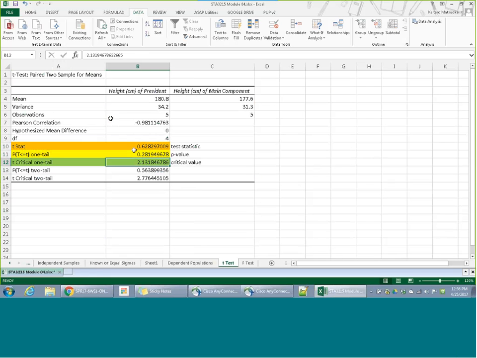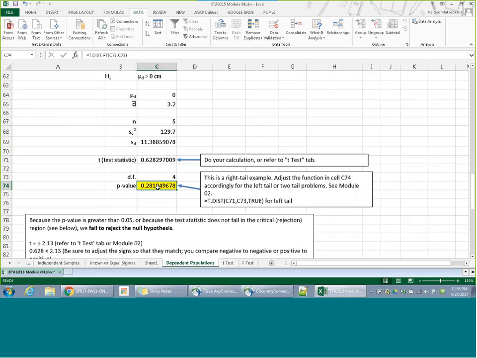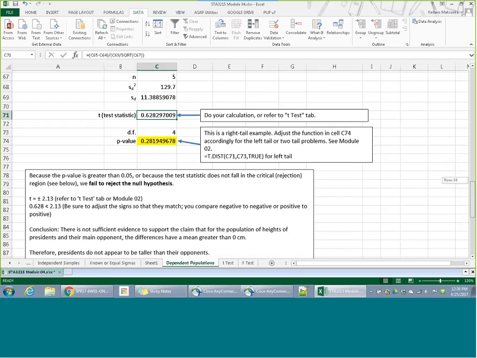So if you have Excel calculate things, the method I just showed you will calculate all 3 numbers for you right away. So either way, you can use a formula or the method I just showed you to calculate the test statistic and p-value.